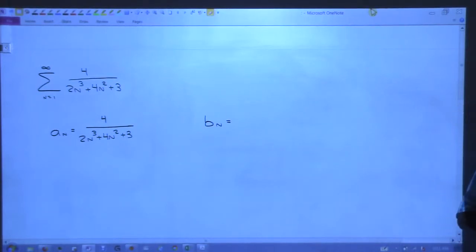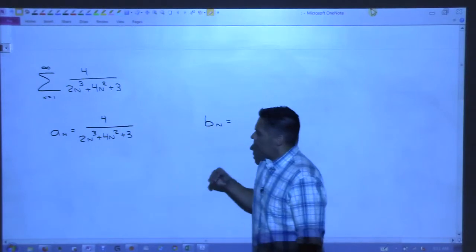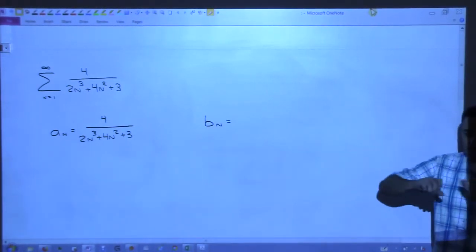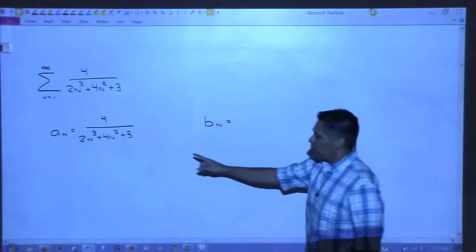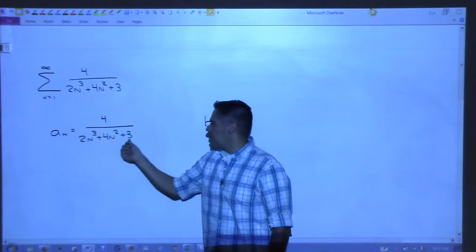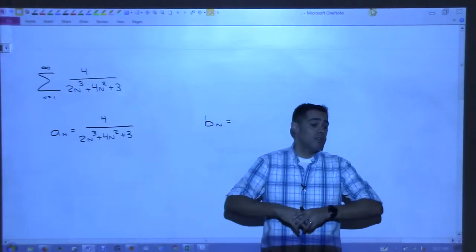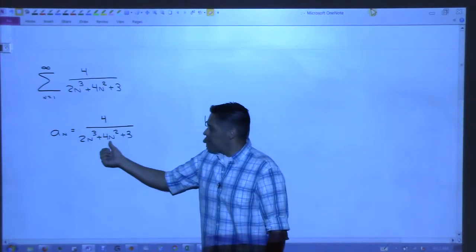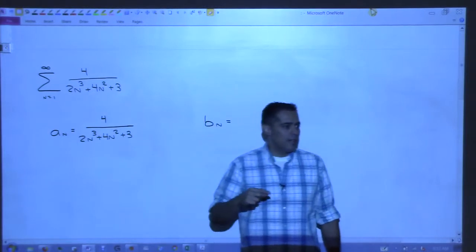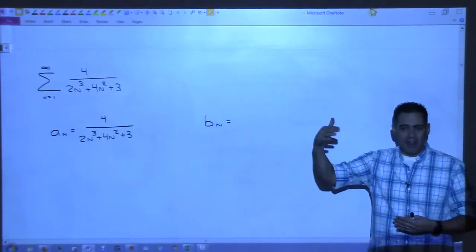I would like for you to take a look at this expression and think about if n is very, very big. If n gets huge, does this plus 3 really matter? Adding 3 on the bottom really does not matter if n is large enough. In fact, the dominating term in the denominator is the 2n cubed, because n cubed overwhelms everything else since it's the highest power down there.